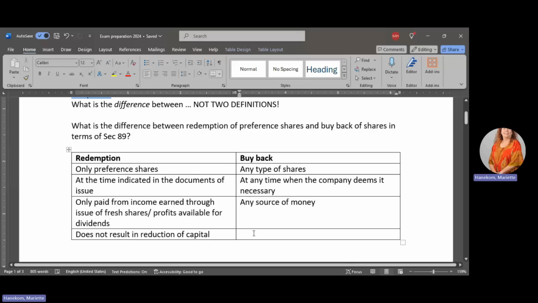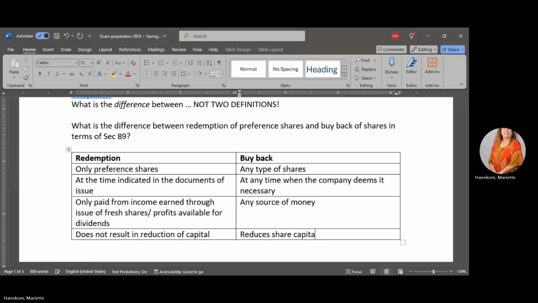Buying back of shares, shares that are bought back are cancelled and become authorized but unissued shares. So that is the difference.